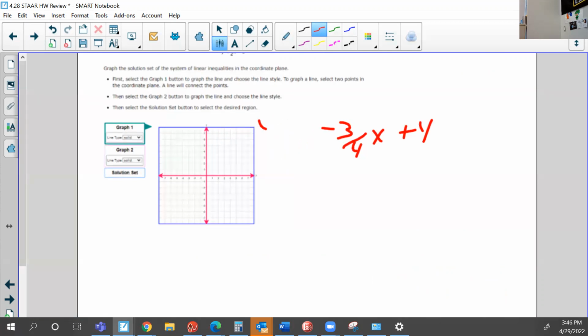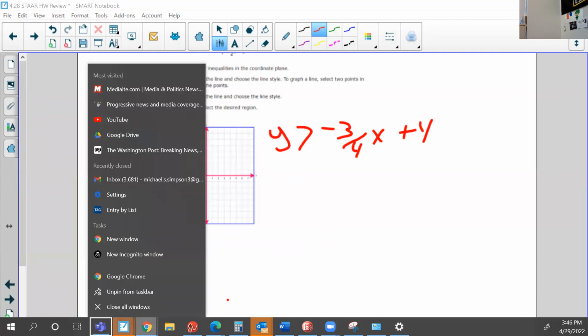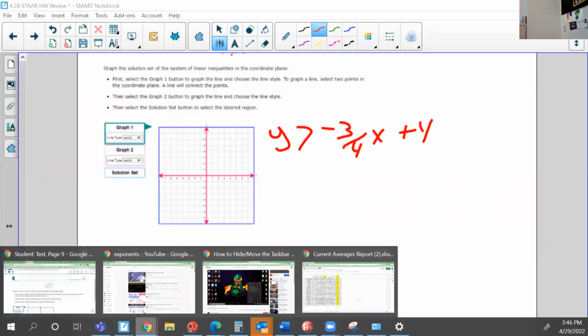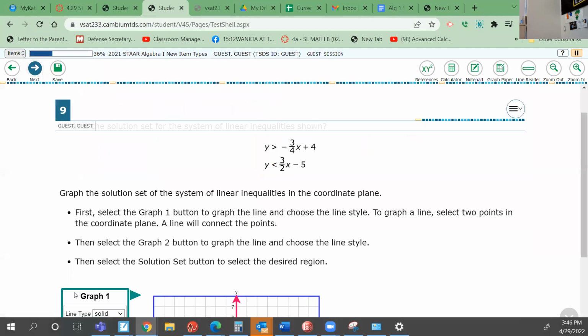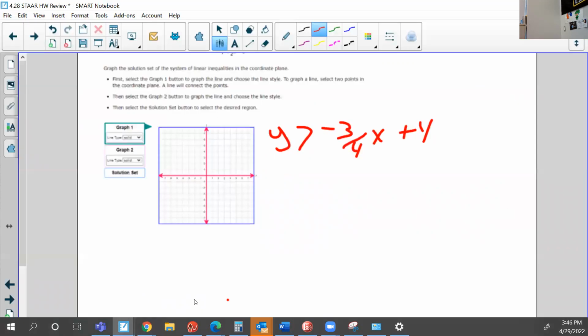I don't want to go back and look. It is, yeah, it's greater than. Okay, so let's go back and look at this now. All right. So again, my starting point is going to be 4 on the y-axis. Now, -3 over 4 means that I'm going down 3 and to the right 4.